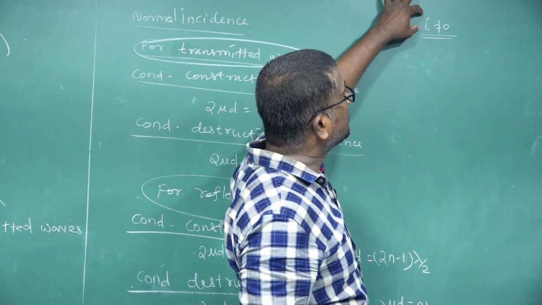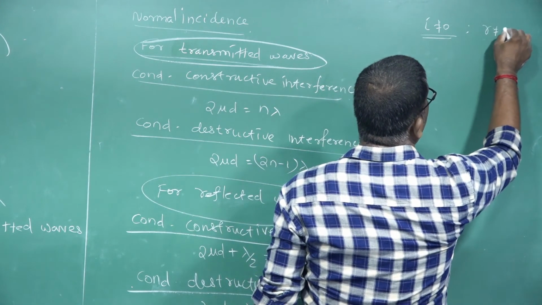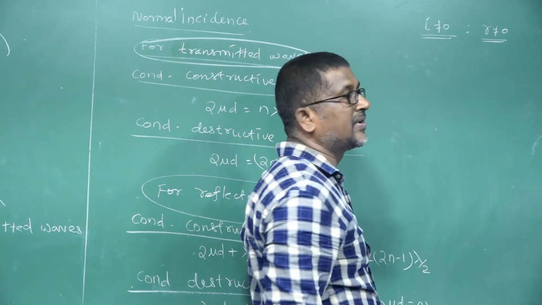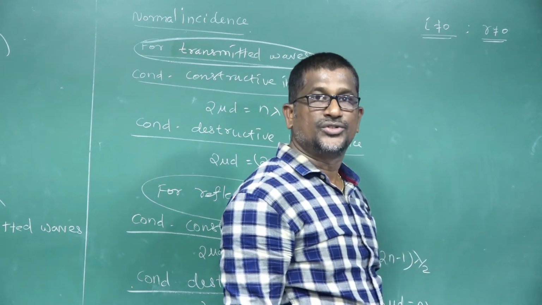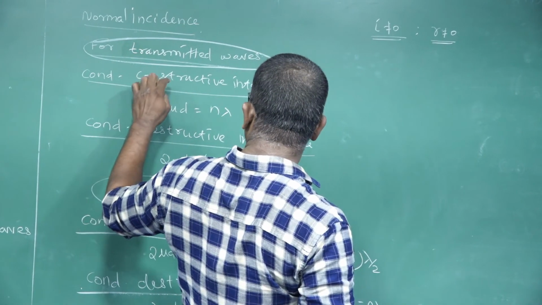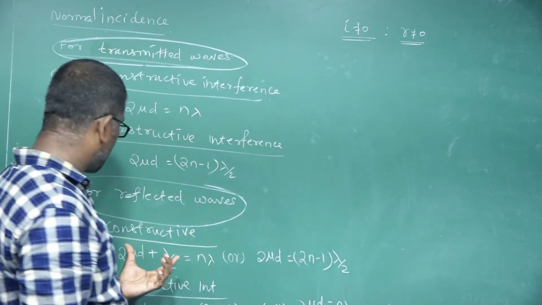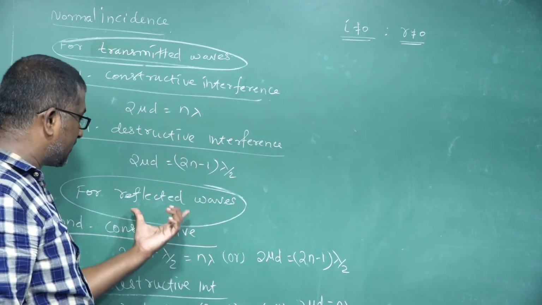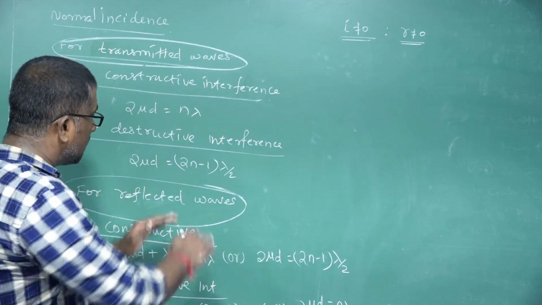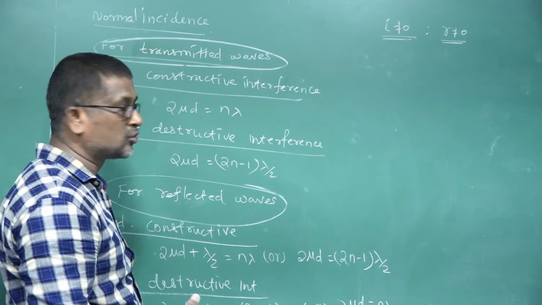Then the angle of refraction is also not equal to 0. In that case, a slight change should be introduced in the conditions for constructive and destructive interference, for both transmitted and reflected waves.